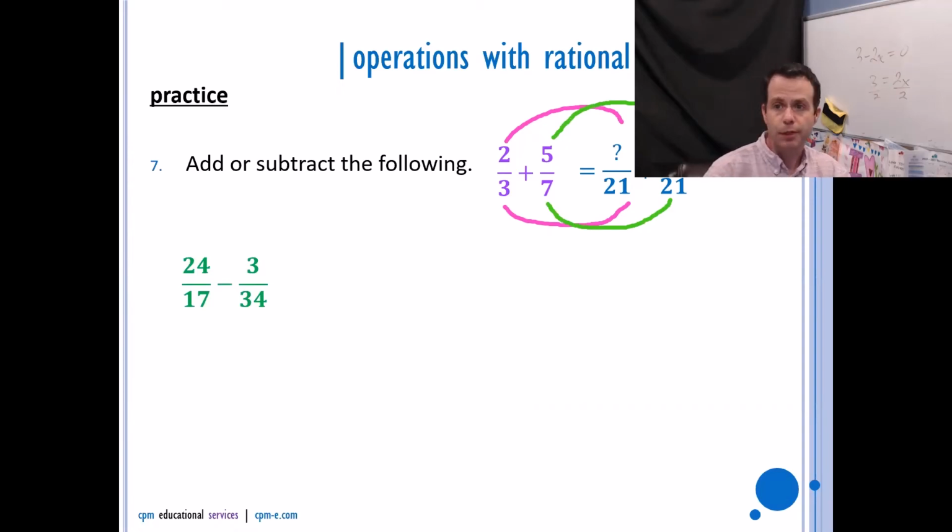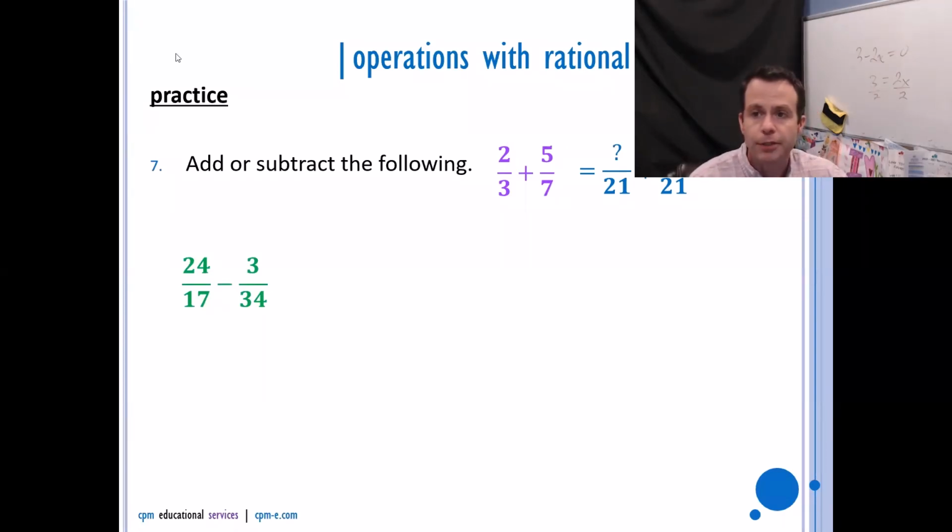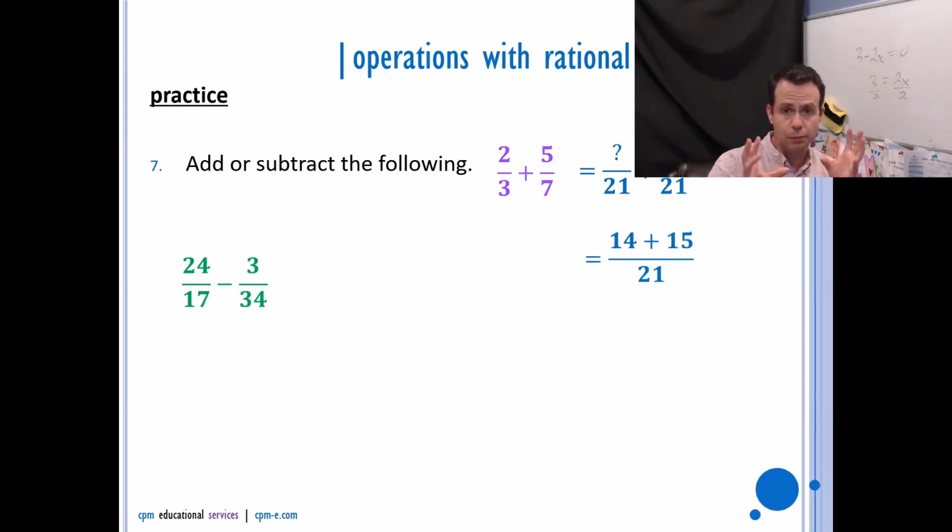So 5 times 3, that will become 15. Okay, so I've written equivalent fractions. And once I've written equivalent fractions, I can just keep it as one big fraction with the common denominator. But that's where that 14 and 15 came from. And now I just add the numerators together and I get 29 over 21.